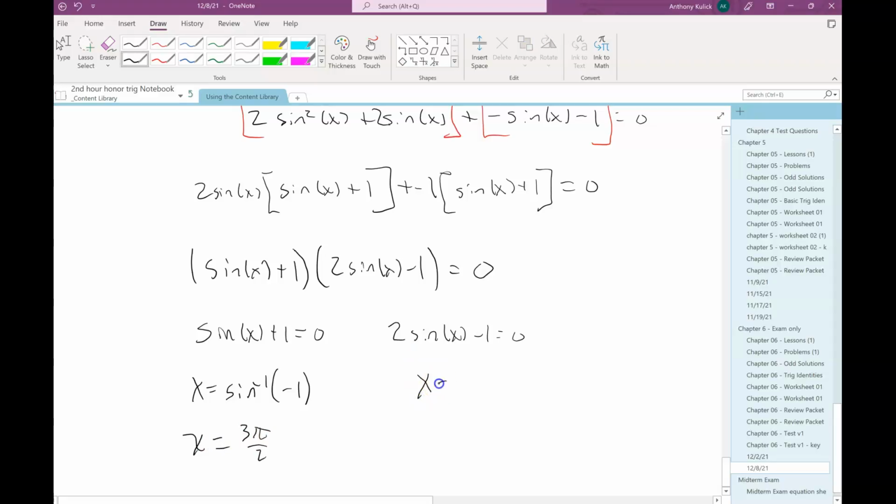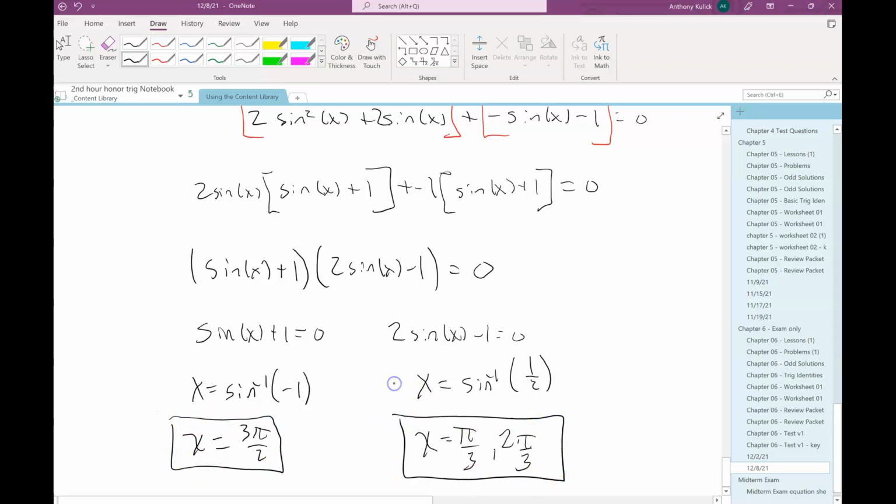And here I get x is equal to sine inverse of 1/2. When I go to my unit circle, that happens at pi over 3 and 2 pi over 3. And we're done.